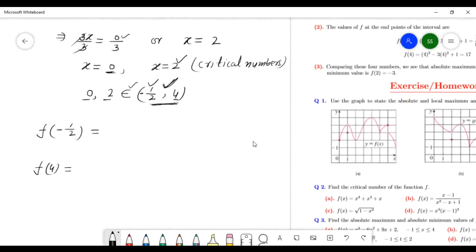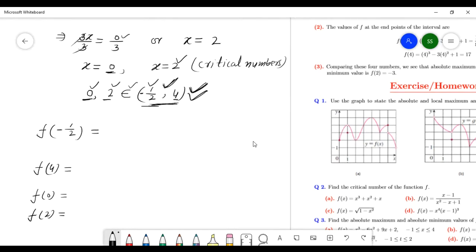After that, since the critical numbers 0 and 2 are in this interval, find f of 0 and f of 2. If any critical number is not in this interval, then don't take that critical number. If the critical number is present, take only that critical number and find these values.